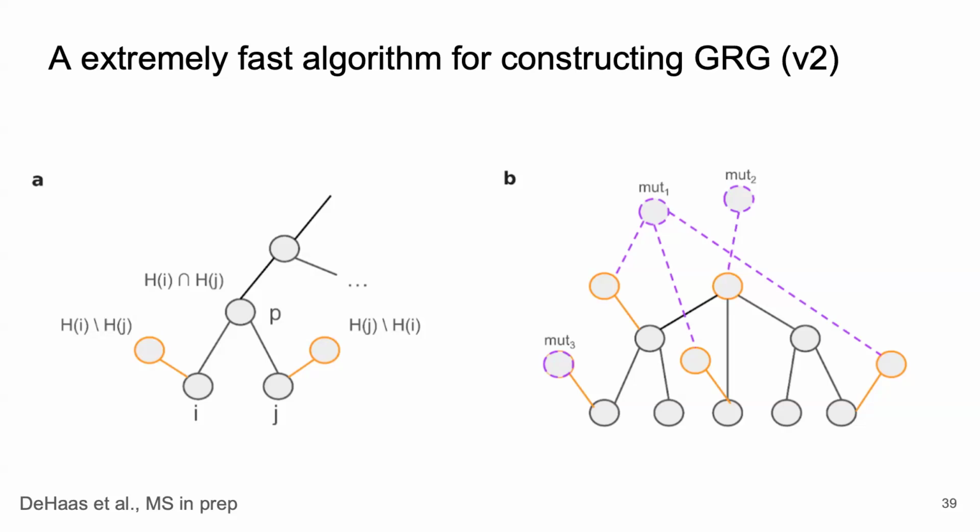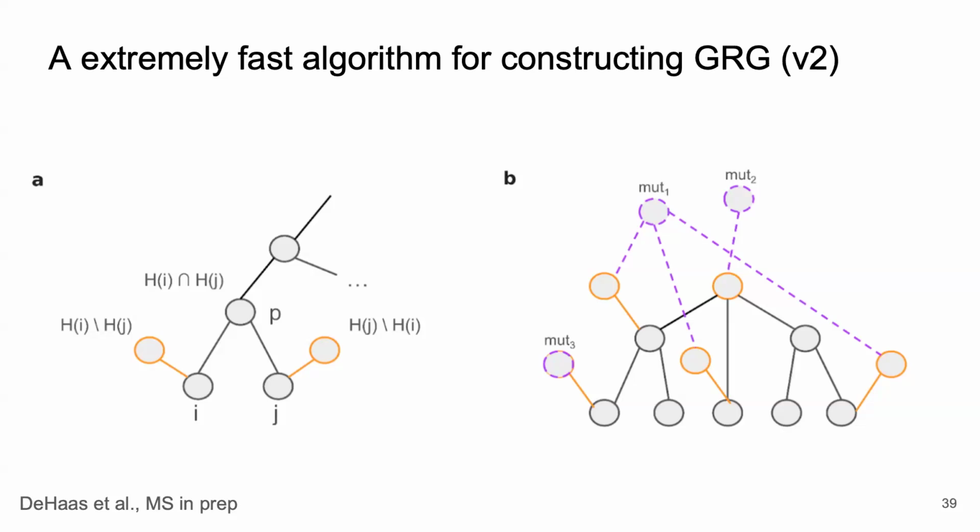For the remaining part that's only in sample I but not in sample J, we propagate it to an additional node. This node is only connected to I because these variants are only carried by sample I. The parent node's union plus this set difference ensures that all the variants in sample I are still carried by node I.